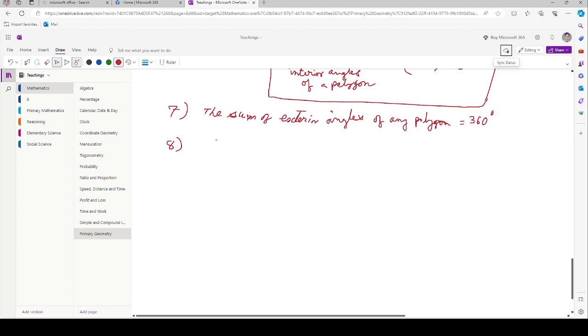This is the number of diagonals of a polygon.